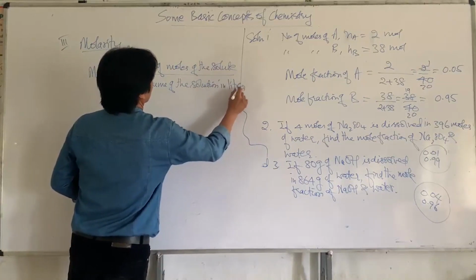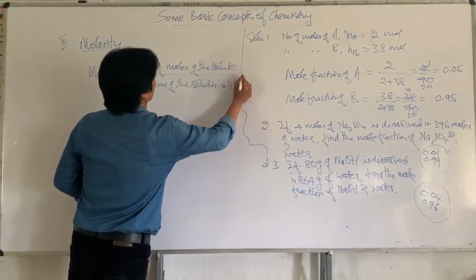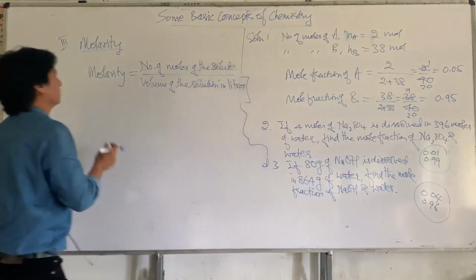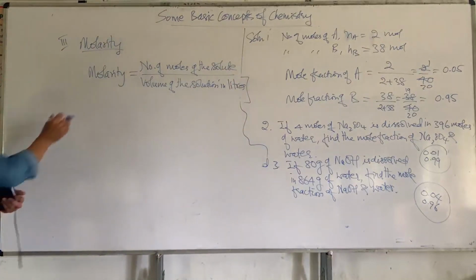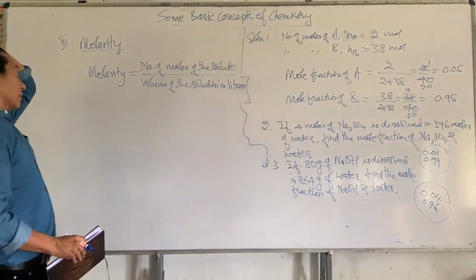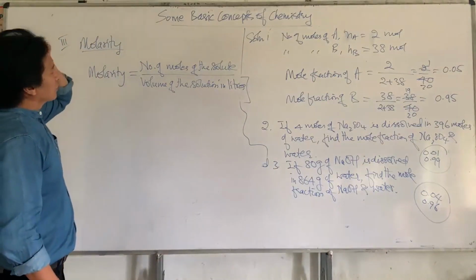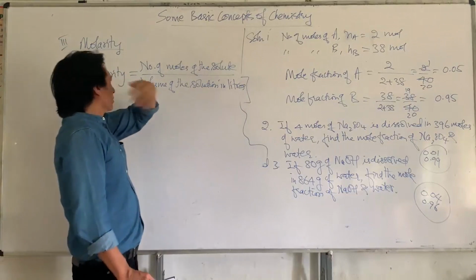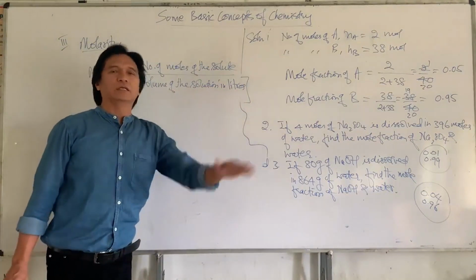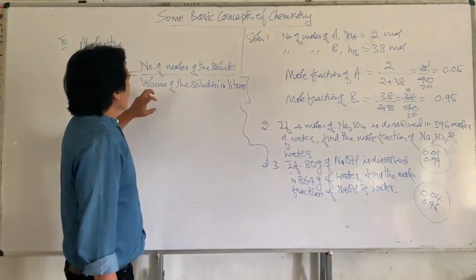It is in liters, right? So this is the third way of expressing the concentration of a solution. It is nothing but the number of moles of the salt dissolved in a given solution divided by the volume of the solution in liters.